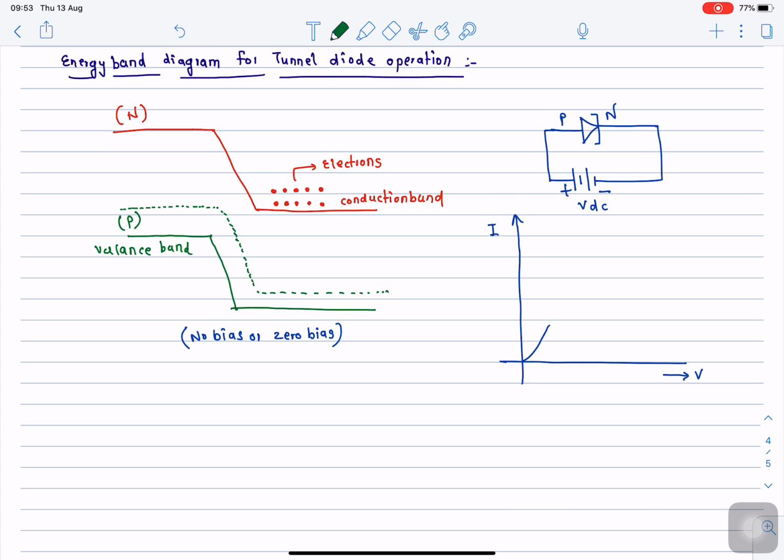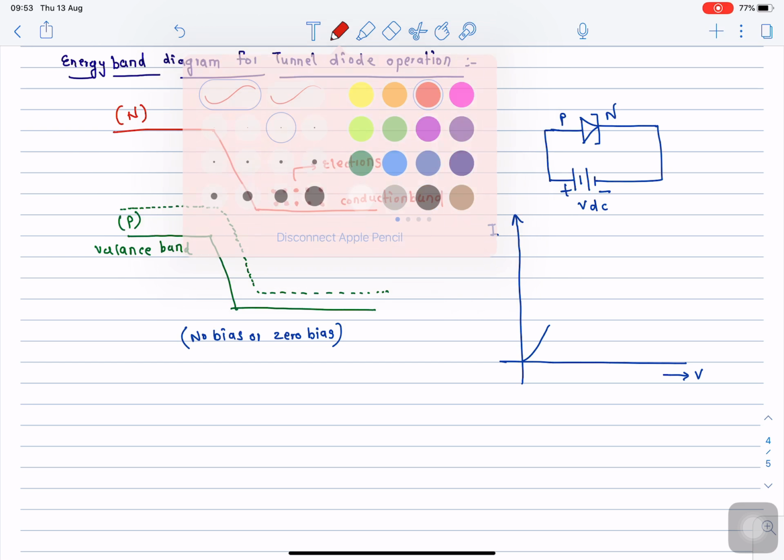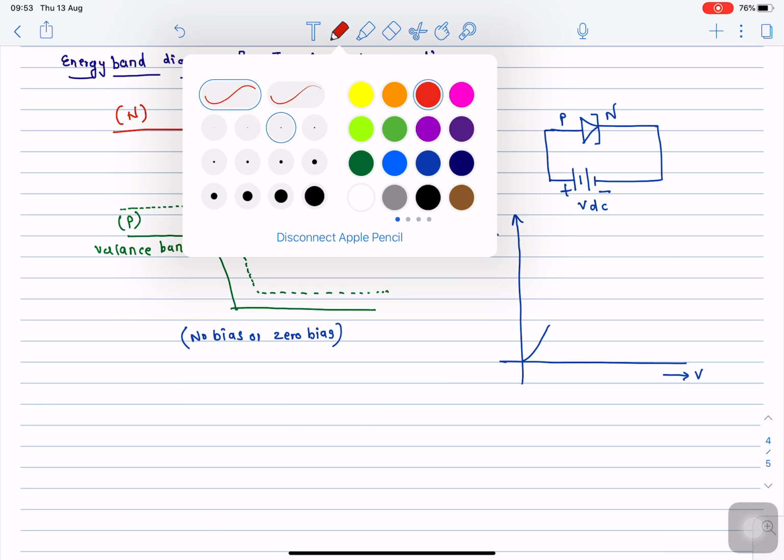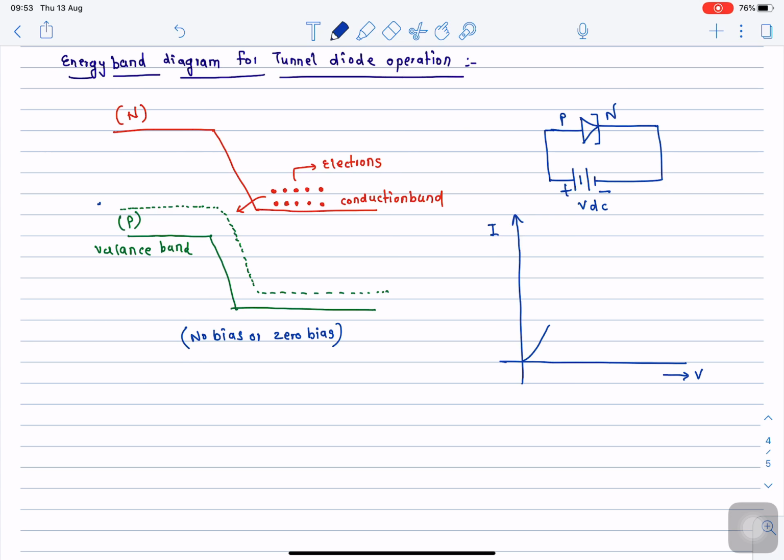Now what will happen is these electrons from the conduction band will find a path to travel into the valency band, and the movement of the electrons from the conduction band to the valency band in situation number 1, I will denote over here. This is situation number 1, during which the applied voltage is just applied across the diode.